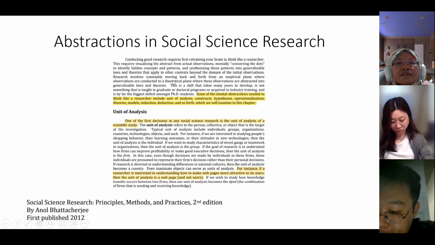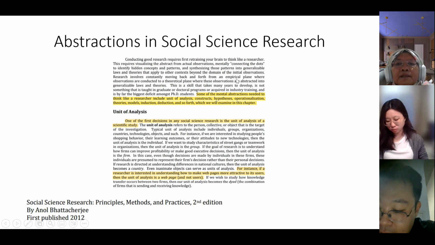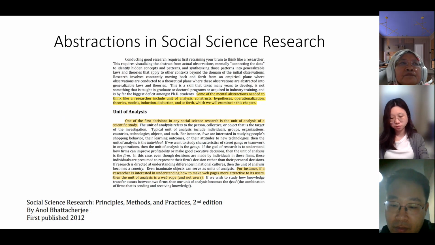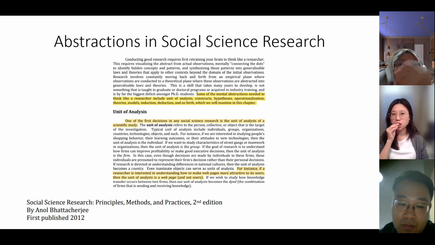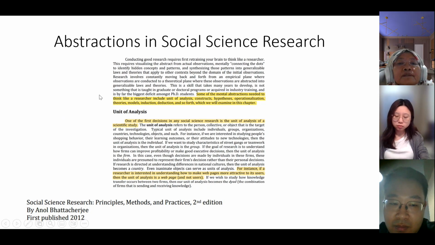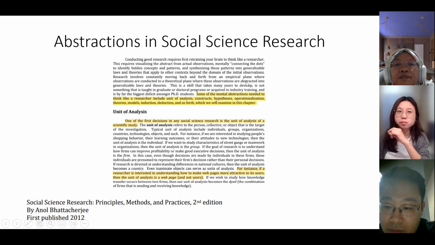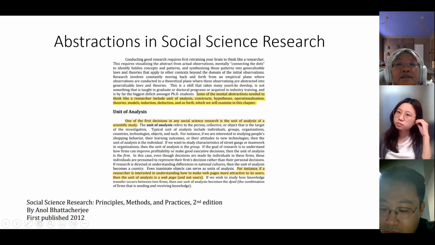So research involves constantly moving back and forth from an empirical plane where observations are conducted to a theoretical plane where these observations are abstracted into generalizable laws and theories. That means research means you come and look at the data. Yeah? So when you look at the data, you are using some empirical method to make sense of the data, to collect the data, to code the data, to analyze the data.